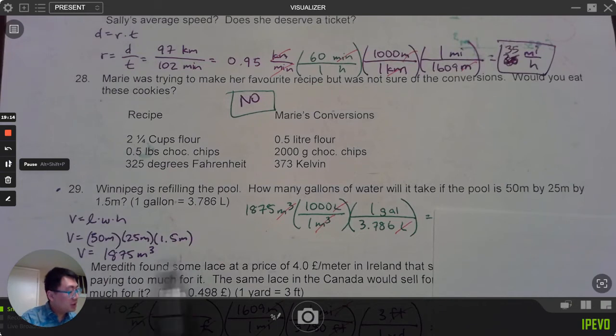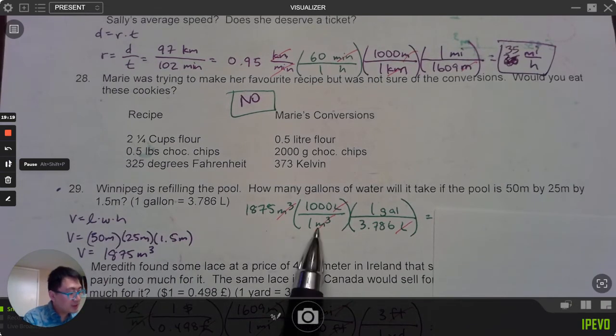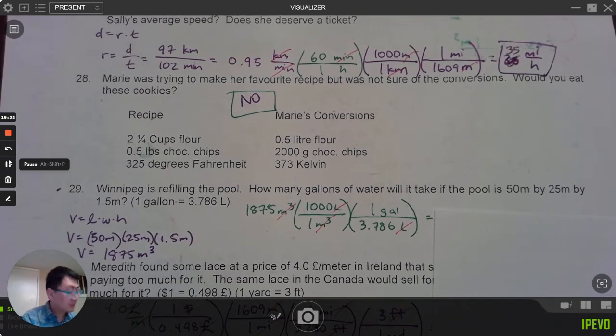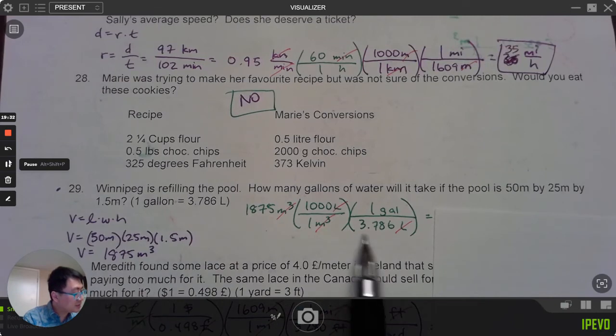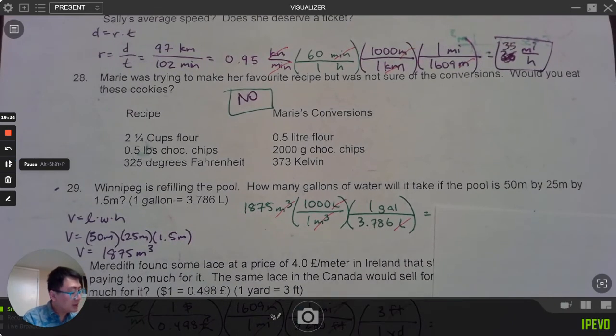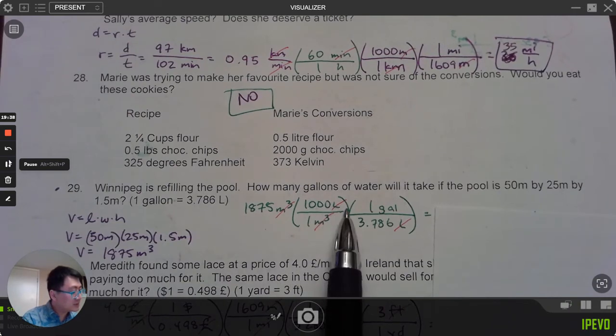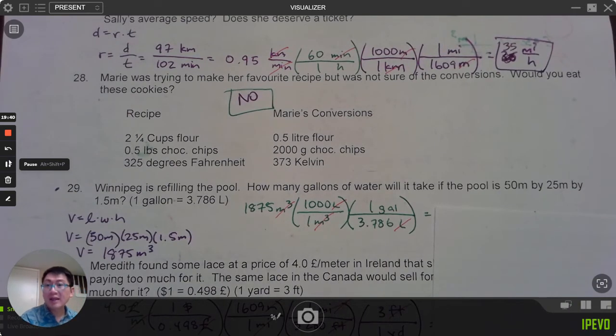And so based on question number 26, again, you would be given this. 1 cubic meter is equal to 1,000 liters, so cubic meters and cubic meters cancel. Now you have liters. And it says there's 3.786 liters in a gallon, and so liters and liters cancel. It'll be 1875 times 1,000 divided by 3.786.